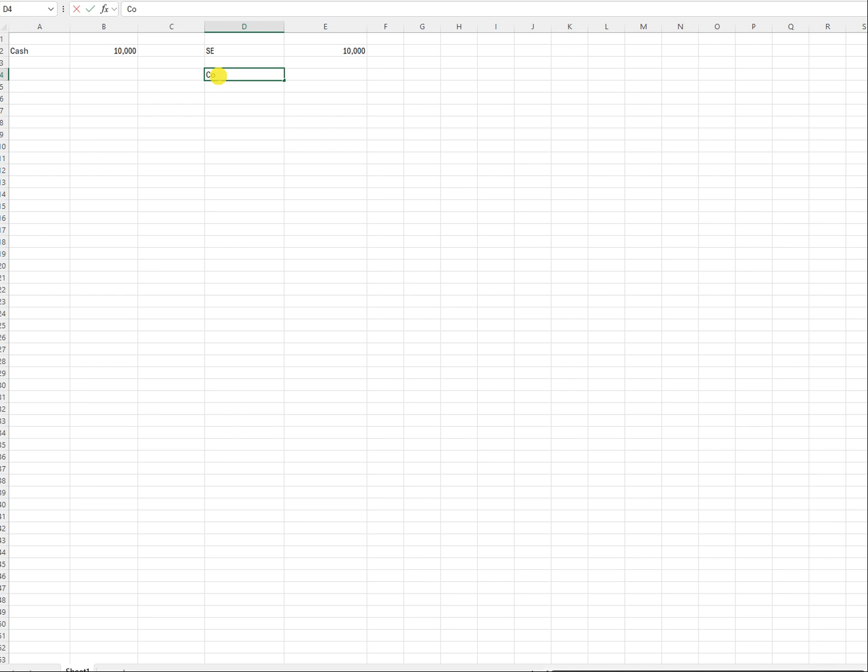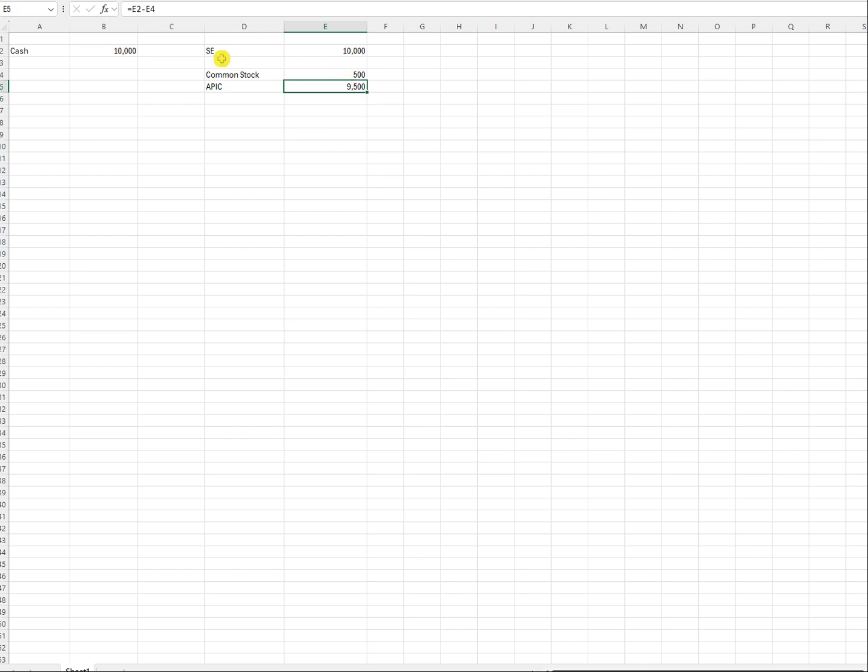One is the common stock account. The common stock account is going to record the par value of the 500 stocks issued. For example, if the par value is $1 for each stock, then the total par value from the stock issuance will be $500. The remaining amount goes to the additional paid-in capital account, which records the remaining part of the increase in equity from the stock issuance.